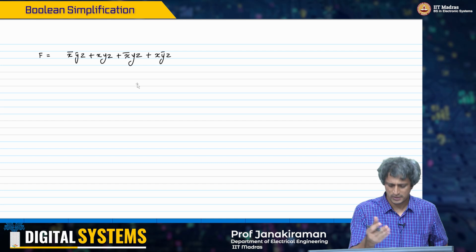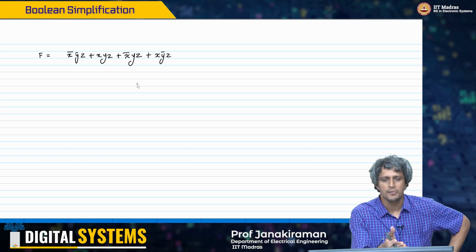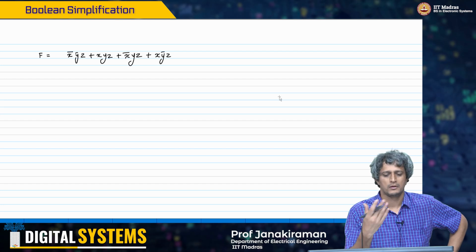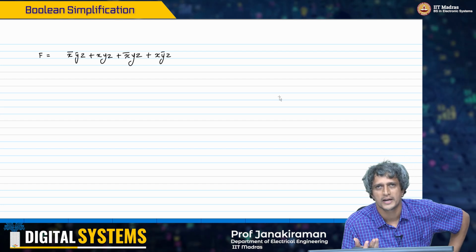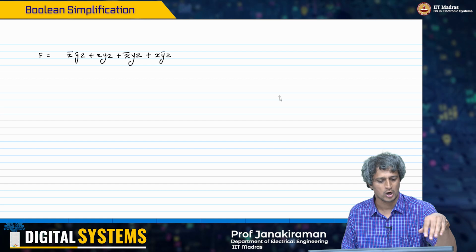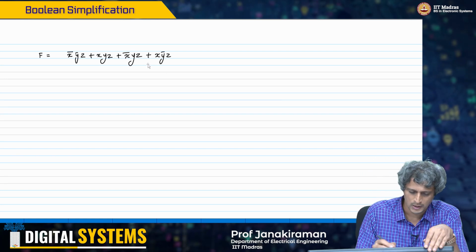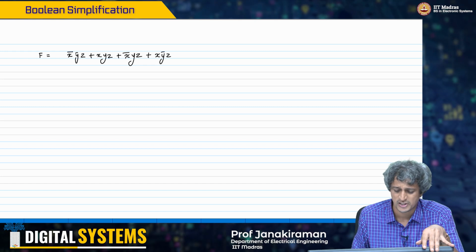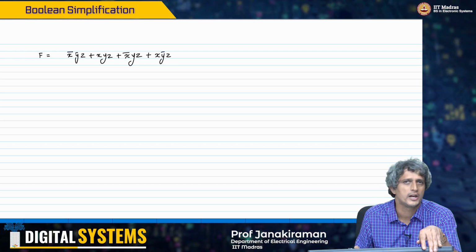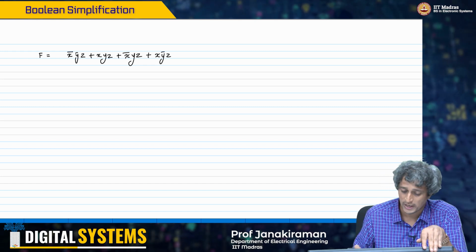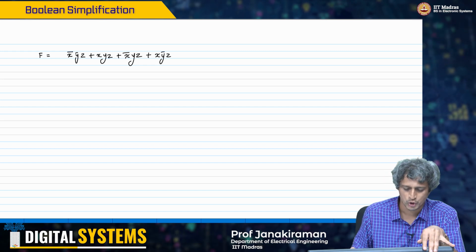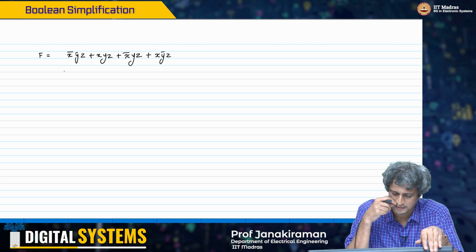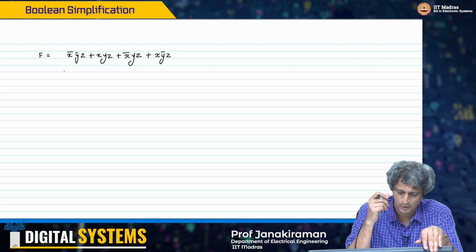Because if I were to implement this in Boolean logic, I would need so many AND gates, OR gates and so on, if I did not simplify this further. So therefore, we will look at how to simplify this expression by just looking at the Boolean expression here, right. I'm going to first look for some patterns that I can deal with, okay.